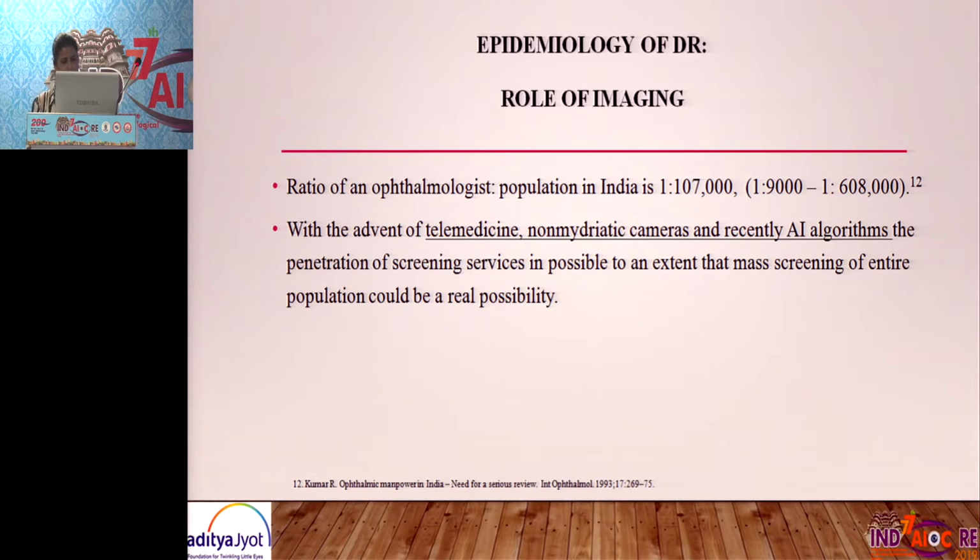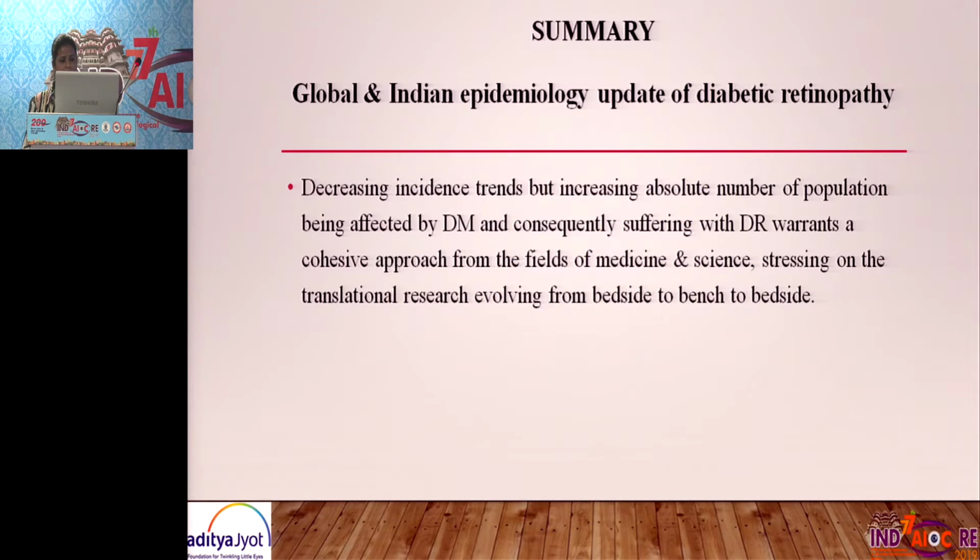So with this, we're coming towards the end of my presentation. Just a brief mention of the role of imaging. The ratio of ophthalmologists to the population in India is 1:107,000, which is quite less. And so with the advent of telemedicine, non-mydriatic cameras, and recent AI algorithms, we are trying to penetrate the screening services into the unreachable population so that we get a real idea of what the epidemiology of the disease in India actually is.